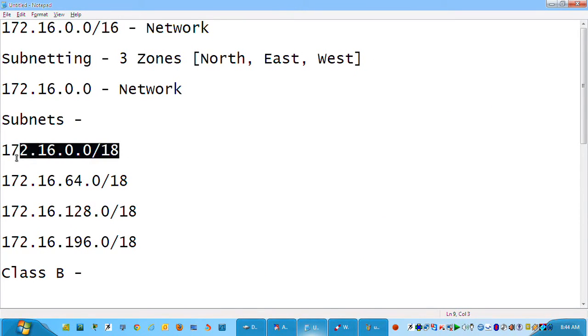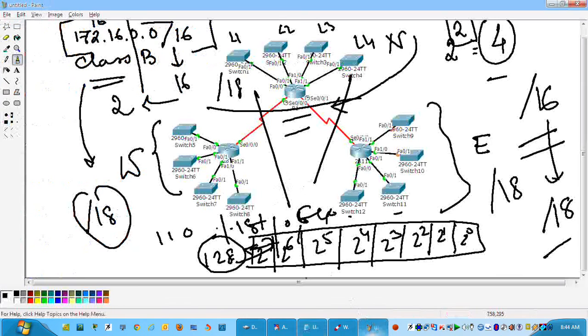Now these are my different zones. Here in this case you will be getting 4 different zones.